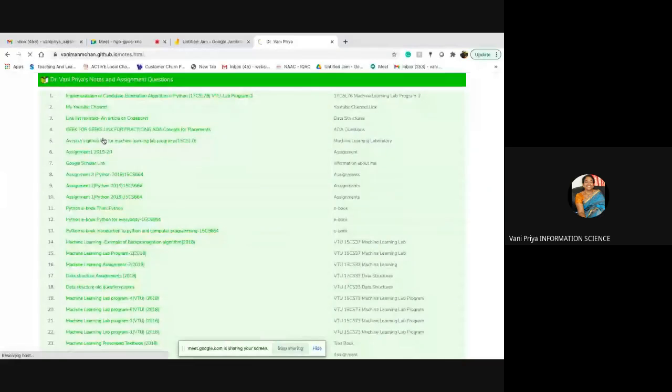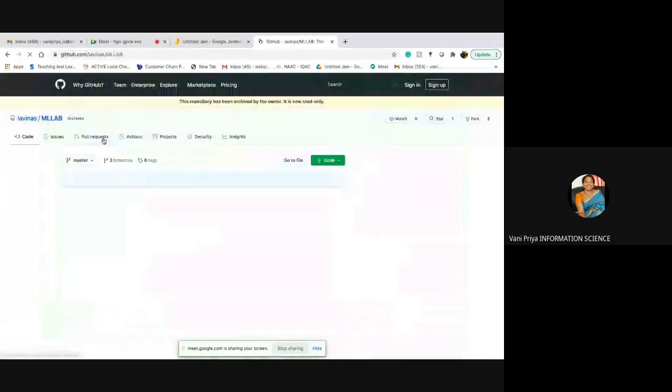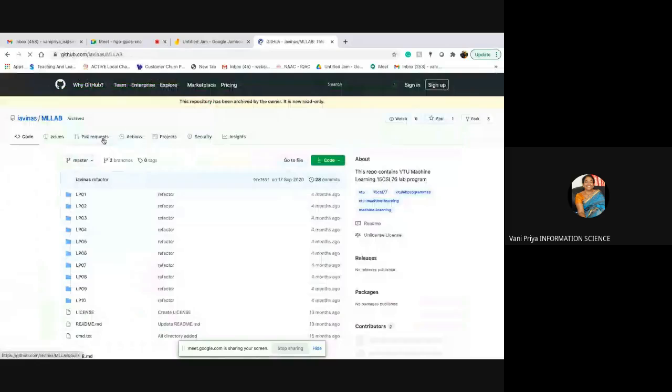If you want the codes of these lab programs, you can go to his GitHub and download the code for the programs. All the programs are there.